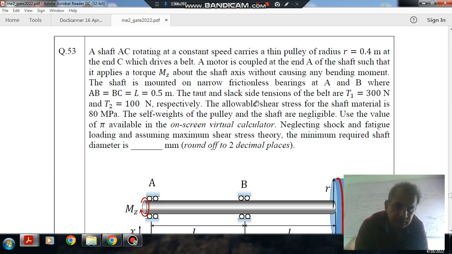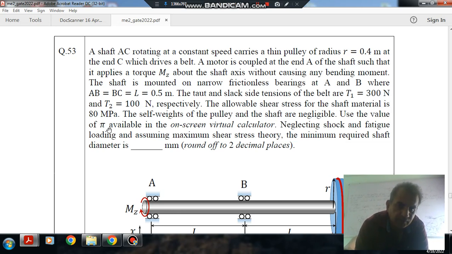The taut and slack side tensions of the belt are T1 equal to 300 Newton and T2 equal to 100 Newton respectively. The allowable shear stress for the shaft material is 80 MPa. The self weight of the pulley and the shaft are negligible.